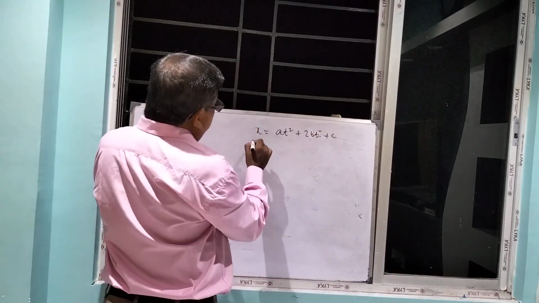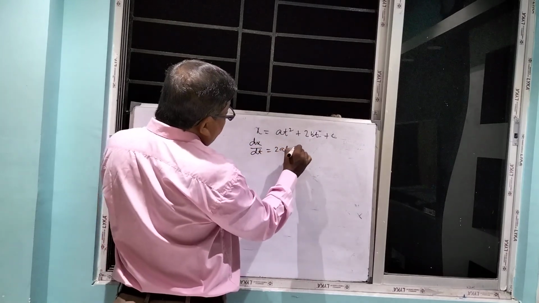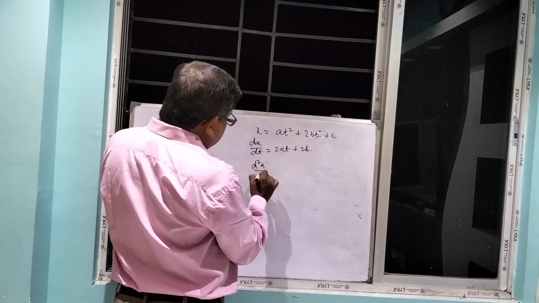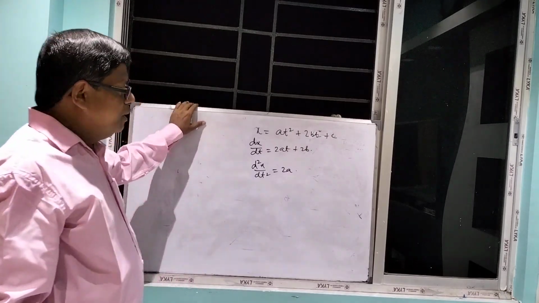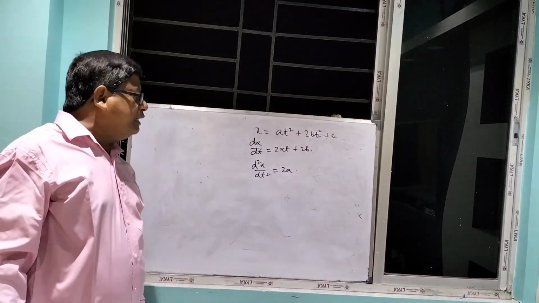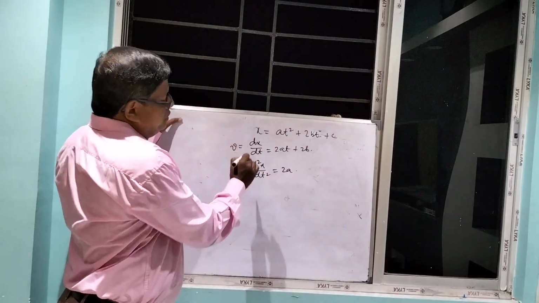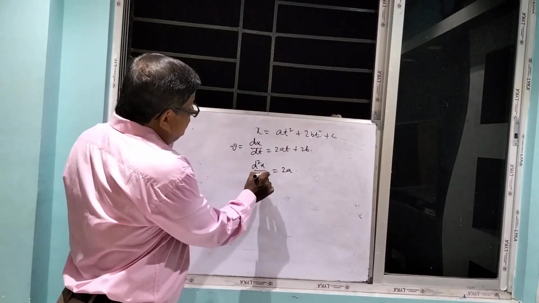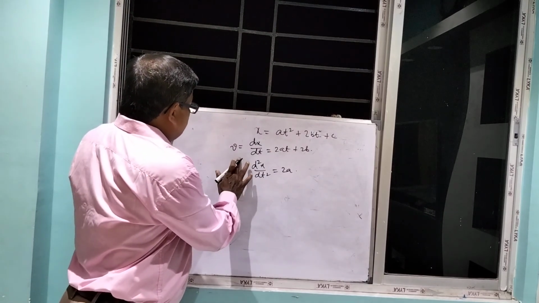So dx/dt at this time t is 2 a t plus 2 b, and d2x/dt2 is 2a. So dx/dt represents v, velocity. And dv/dt means acceleration is there, a or f.